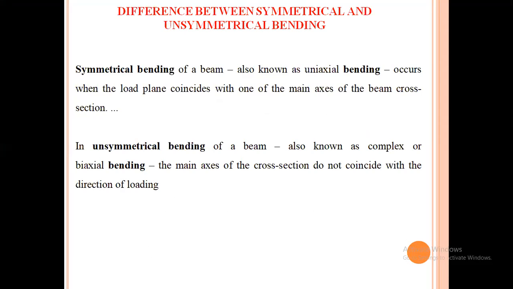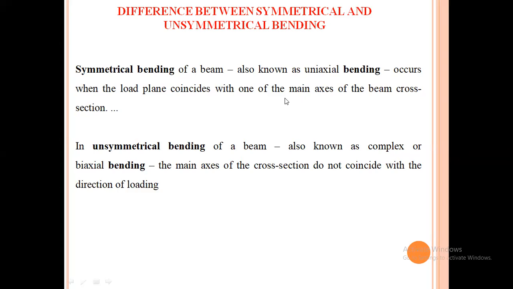See, there is no big difference between symmetrical bending and unsymmetrical bending. The main point is here you can understand it clearly. Symmetrical bending of a beam, which is also known as uniaxial bending, occurs when the load plane coincides with one of the main axes of the beam cross section.